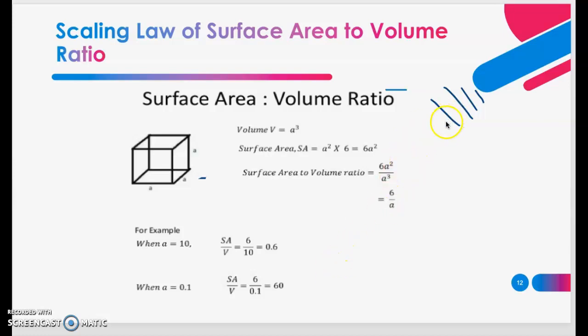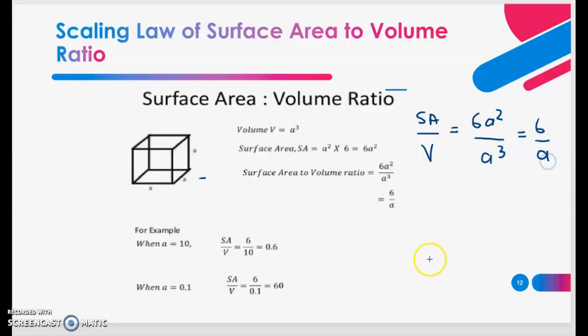Okay, let's see one example. Just now we got the surface area divided by V, for the cube, is 6A squared divided by A cubed, right? And we simplify, it becomes 6 over A. So let's give one number. If A equals 10, that is what we call macro scale. It's not a MEMS device.